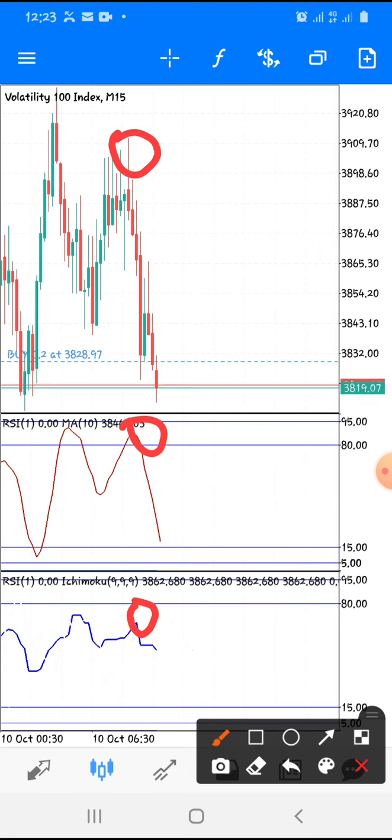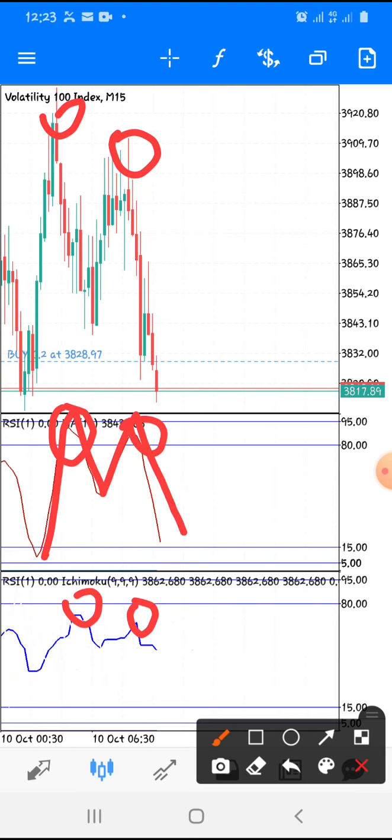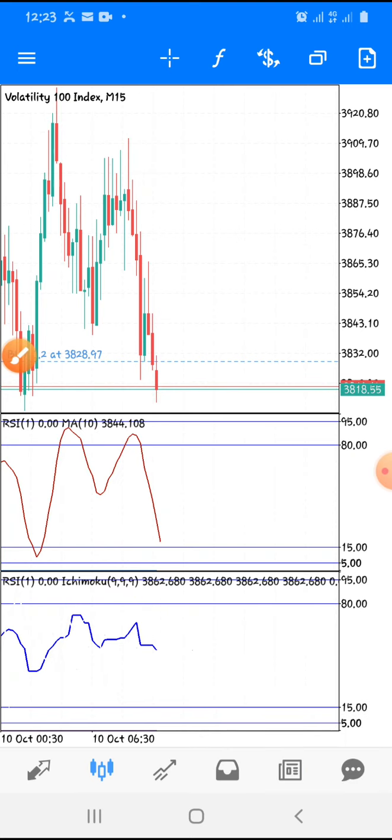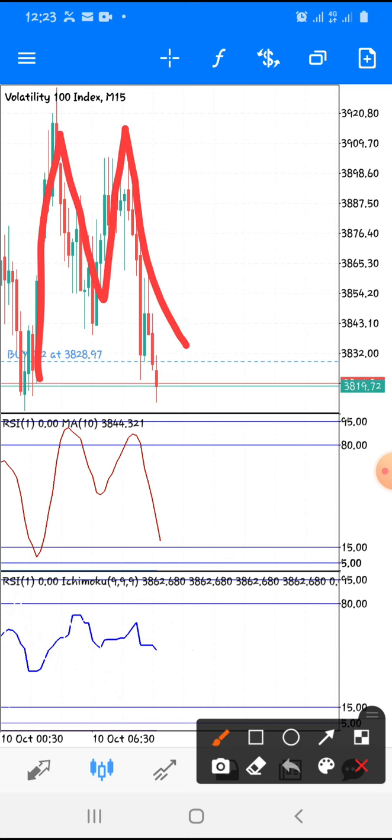You see here the bullish pin bar. Also it gave us the signal that the market is going downwards, and also here you see the C, and also the M pattern. Like guys, everything is in this strategy. There is this M pattern, you see.